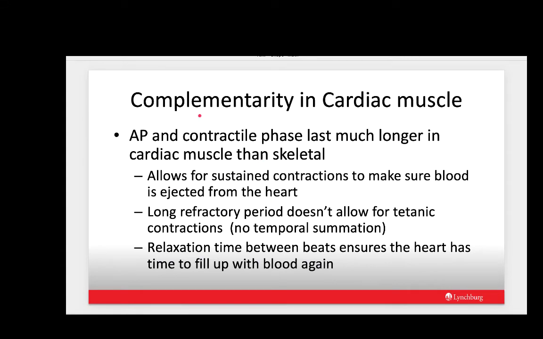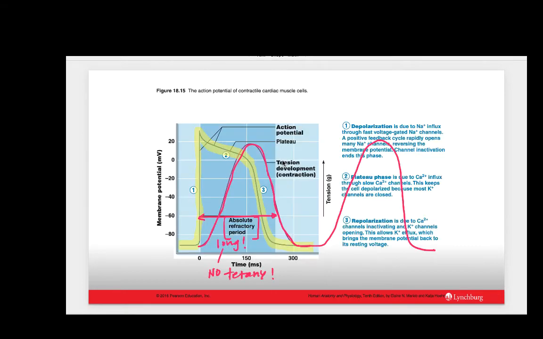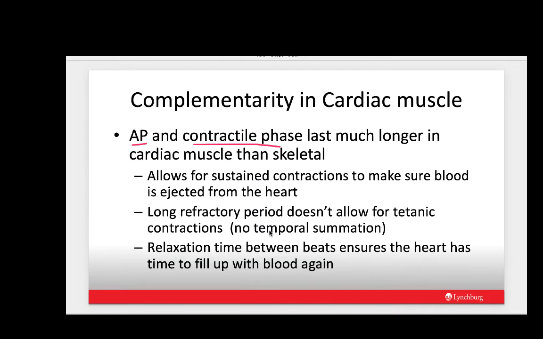So this is what that's talking about too. The action potential and the contractile phase last much longer in cardiac muscle cells. Basically, this period of time is much longer than what we see in skeletal muscle cells. And this allows for sustained contractions because we want to make sure that blood is ejected from the heart all at one time.